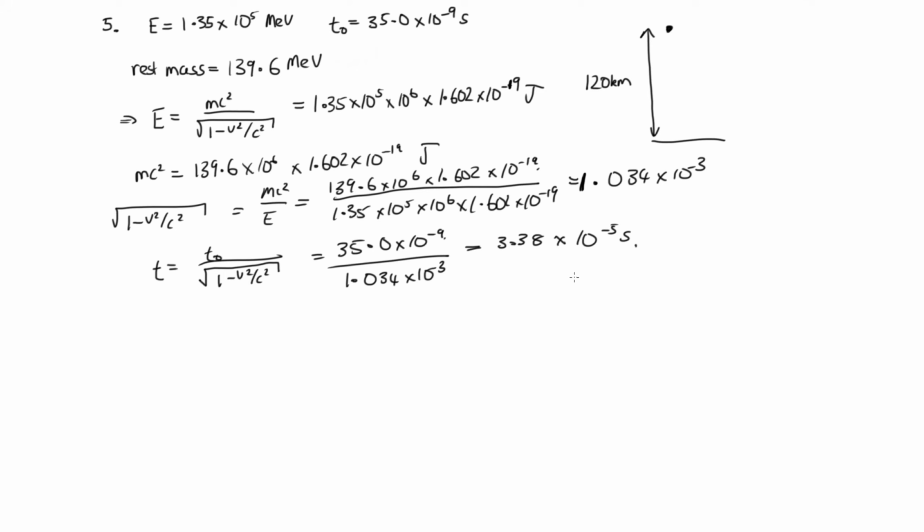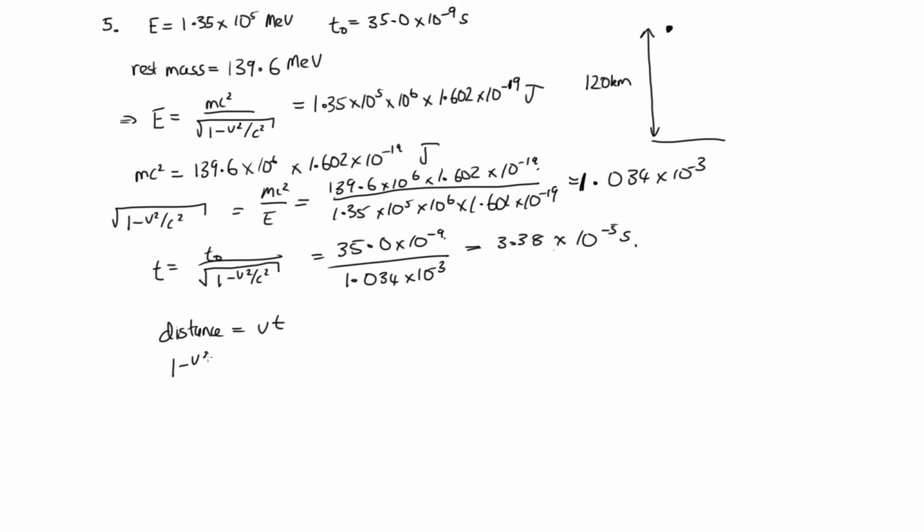Okay, so now what we want to know is, well, how far does it travel? We know how long it travels for, and from mechanics, we know that the distance is just equal to the velocity times the time. So we've got the square root of 1 minus v squared on c squared is equal to this thing, and we can solve this for v.